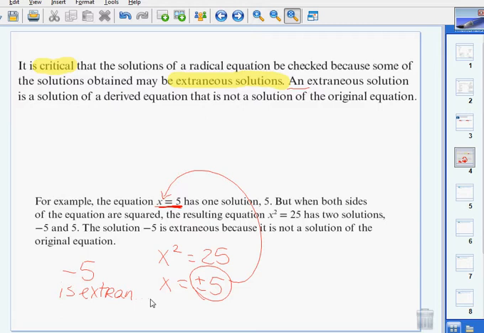If you choose not to, I can almost guarantee that on some random test or quiz, one will be extraneous and you won't get any credit because you didn't check to see if it worked in the original. That means when you get the solution, you have to go all the way back to the original and check it. So let's try these here.